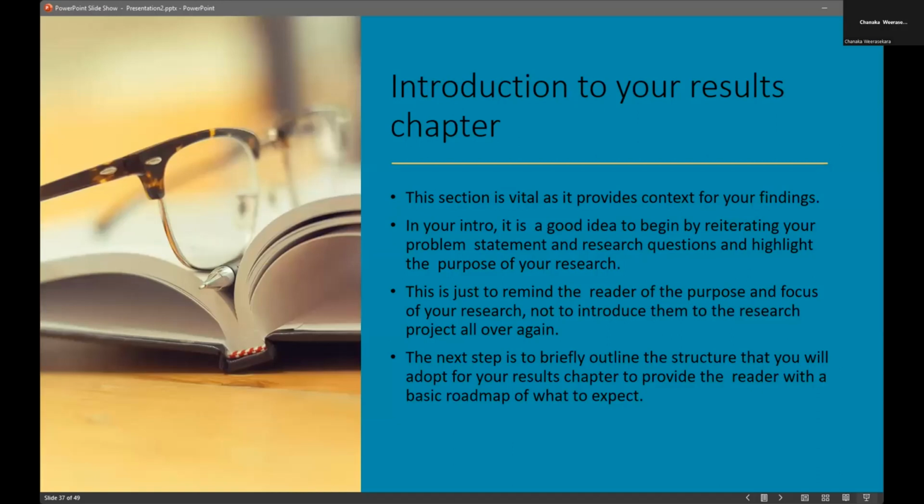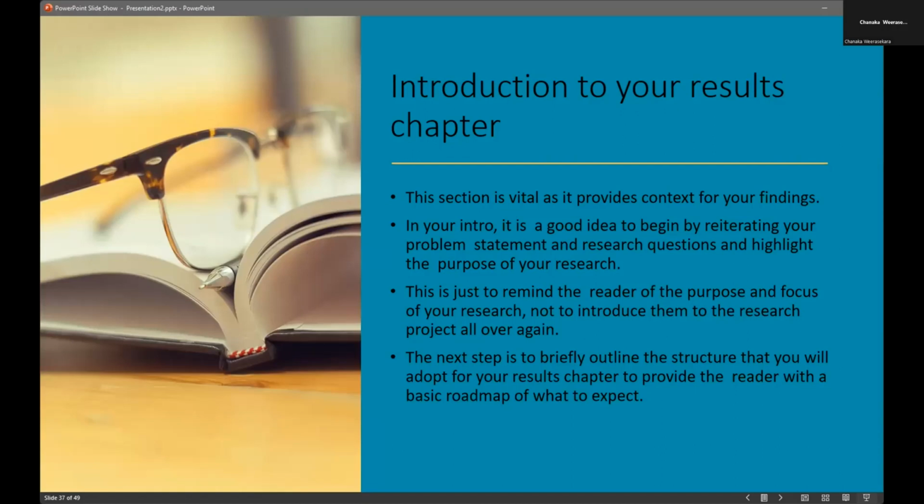Whether it is quantitative or qualitative or whatever, the introduction part is the introduction part. There you have to mention your problem, your specific research questions, objectives, and then give a structure of what you are going to present in this chapter.